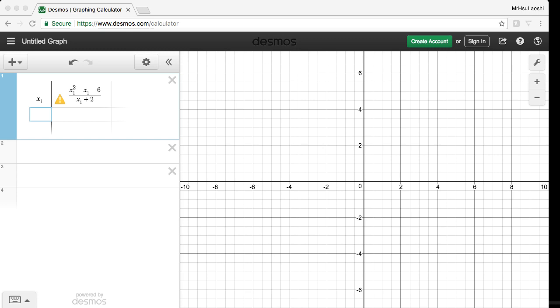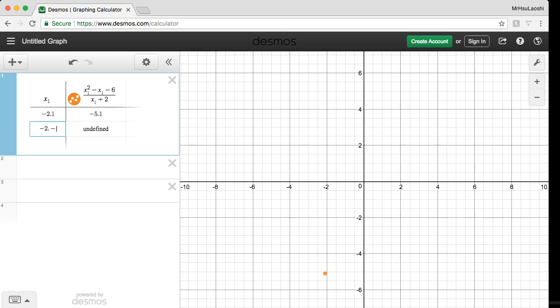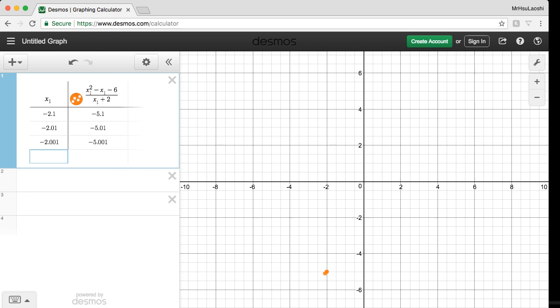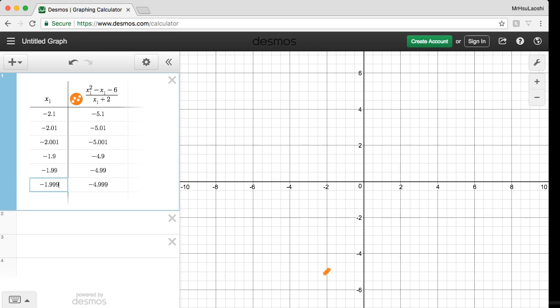So what we can do then is look at what happens at -2.1. How about -2.01? Sorry, that's supposed to be a 0. -2.001. -1.9. -1.99. -1.999. So we can see a pattern going on here, right?